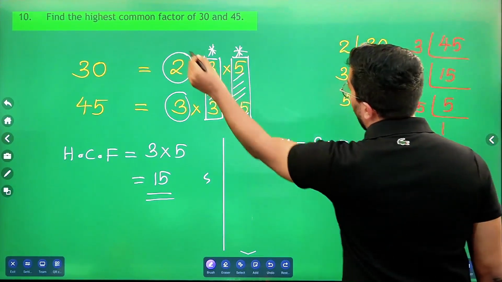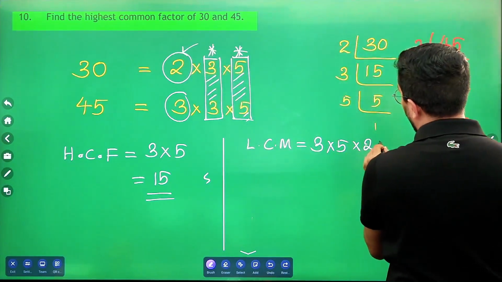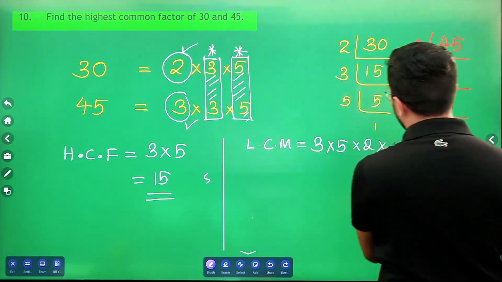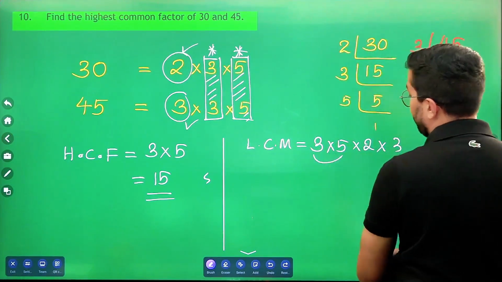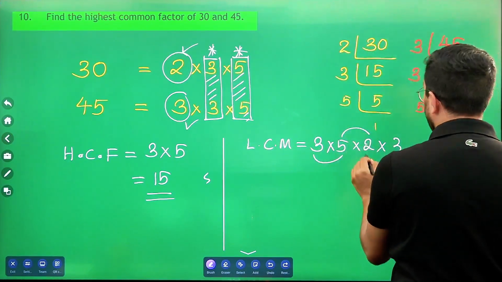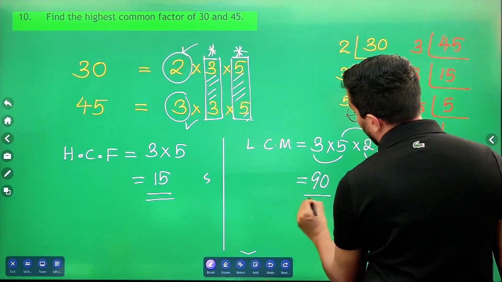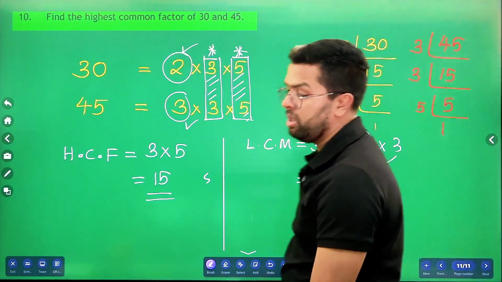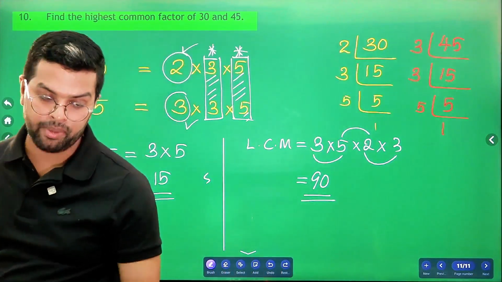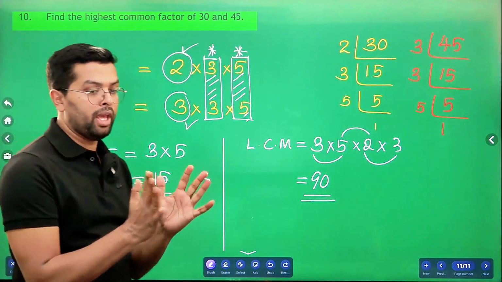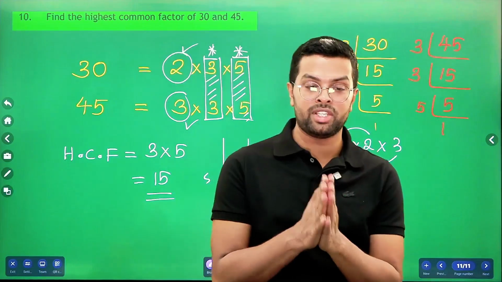After that we have this number 2. After that we have this number 3. 3 times 5, 15, times 2 is 30, times 3 is 90. So the least common multiple of these two numbers will be equal to 90. So we discussed LCM and also HCF.